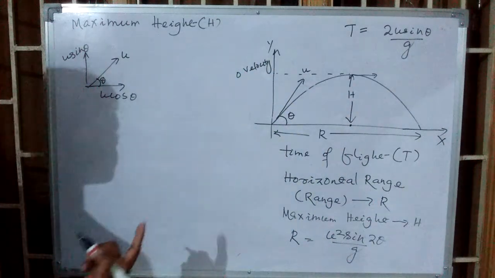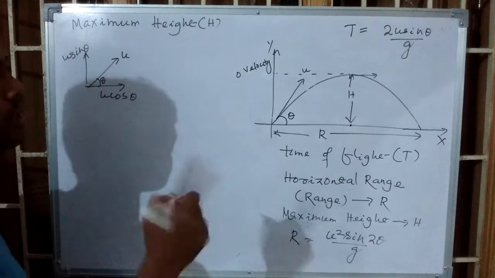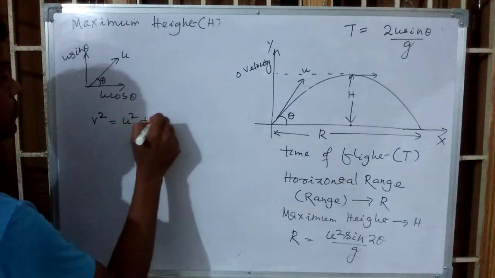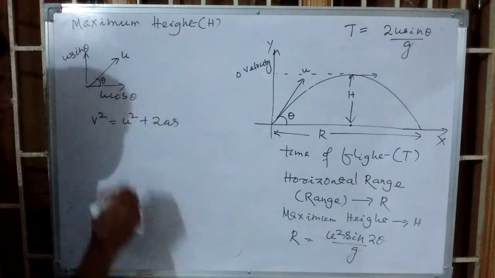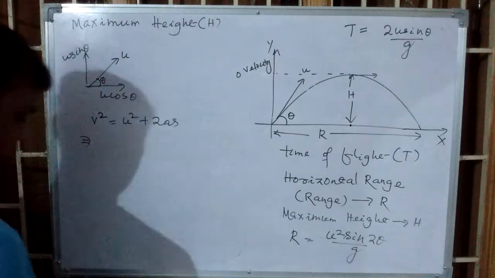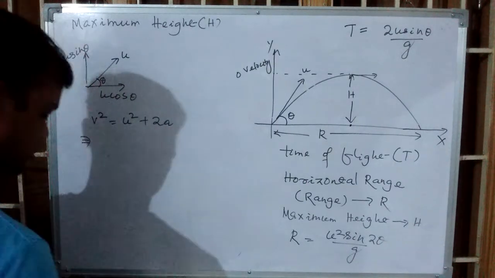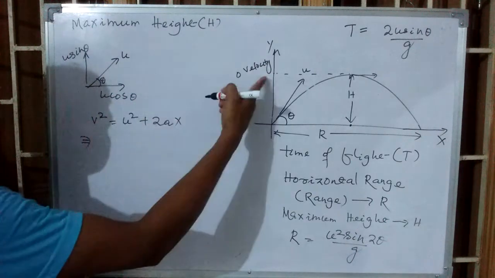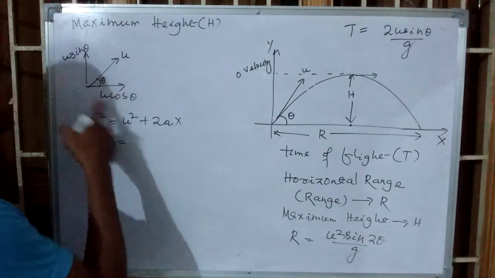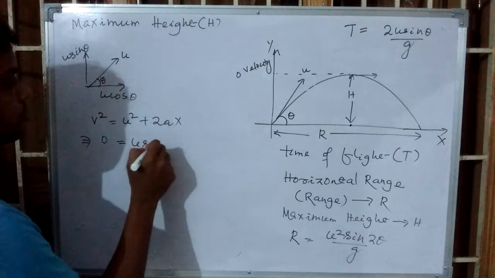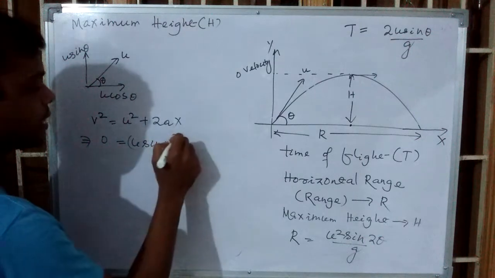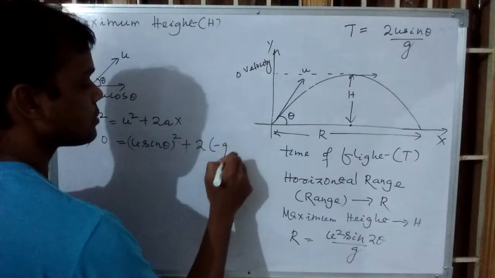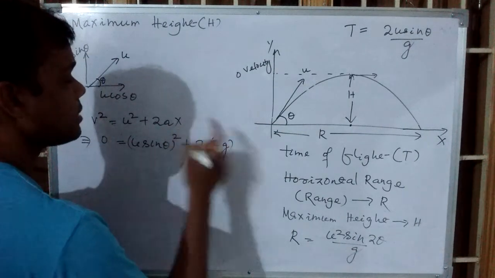So which equation will be suitable for us? It will be v square is equal to u square plus 2as. So we shall put v square is equal to u square plus 2ax, it is x, implies v is 0, so 0, u is u sin theta, so u sin theta whole square plus 2, vertical direction acceleration is minus g, x is h.